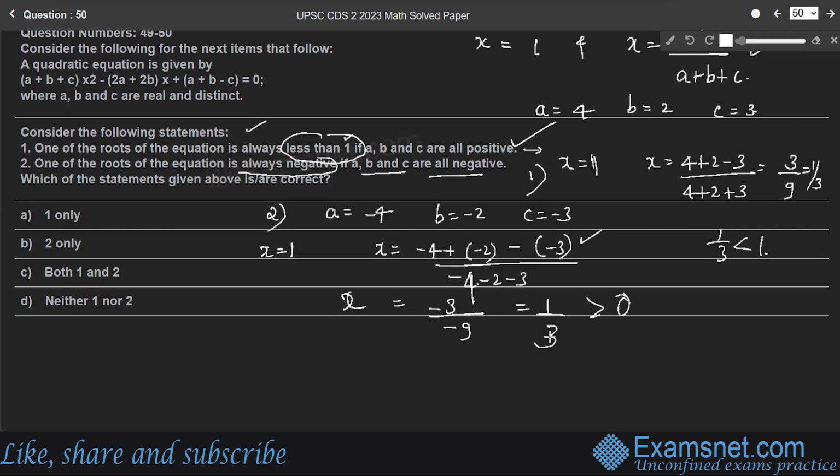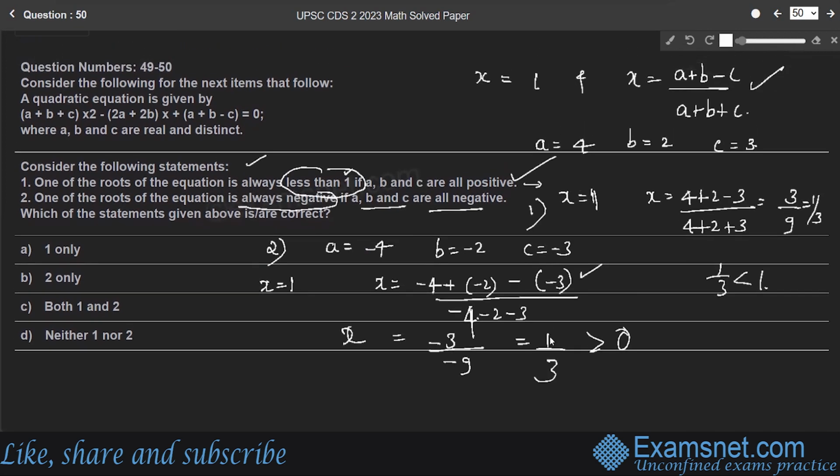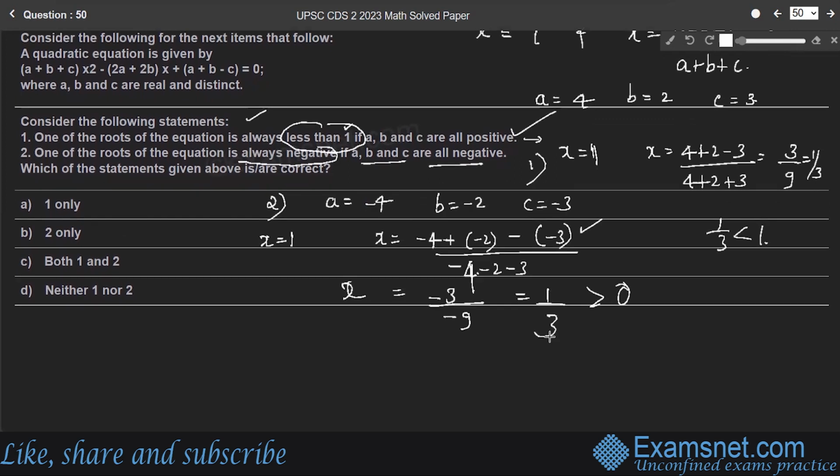So it is not always negative. In some cases, it is negative. For example, we'll consider a as minus 2, b as minus 6, and c as some other value, a greater magnitude, which is minus 20.